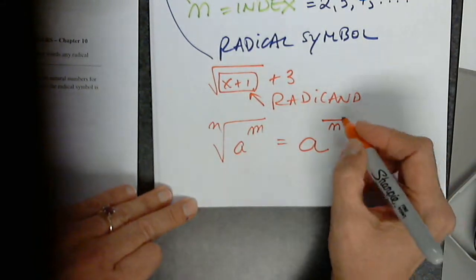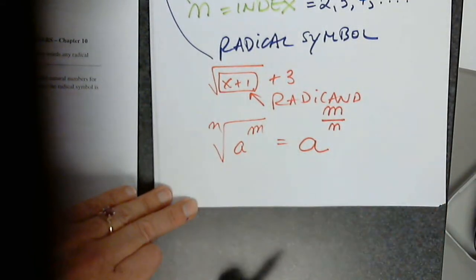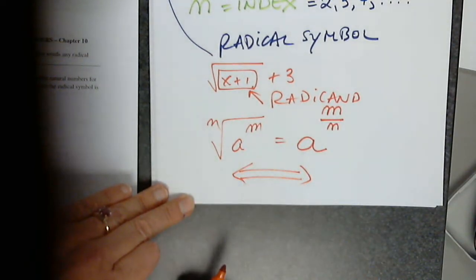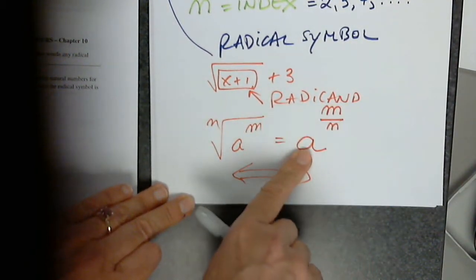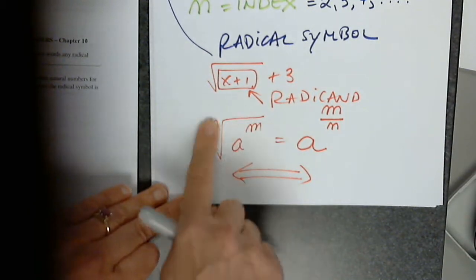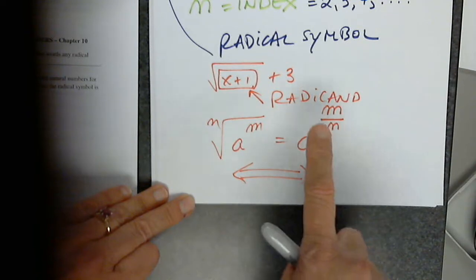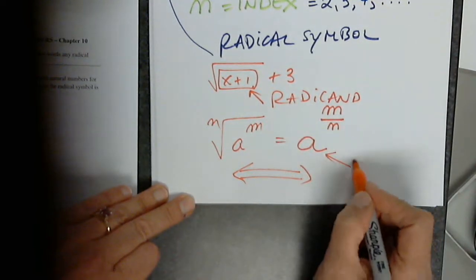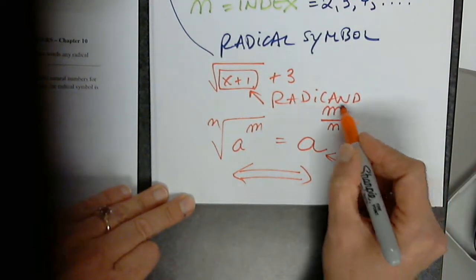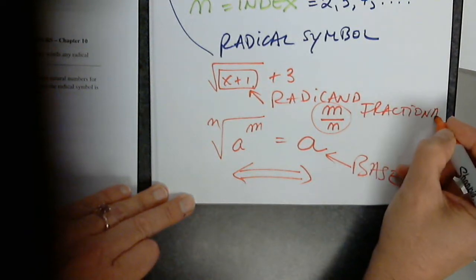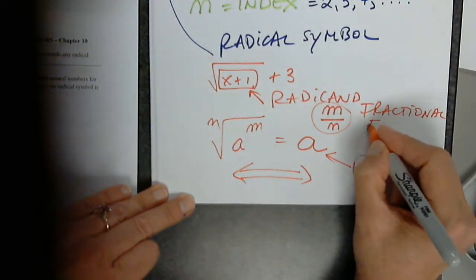The power is always the numerator. And I can always go back and forth. If you give me this, then I know it's a radical. If you give me this, I know that I can write it as an exponential notation with a base, and a fractional exponent.